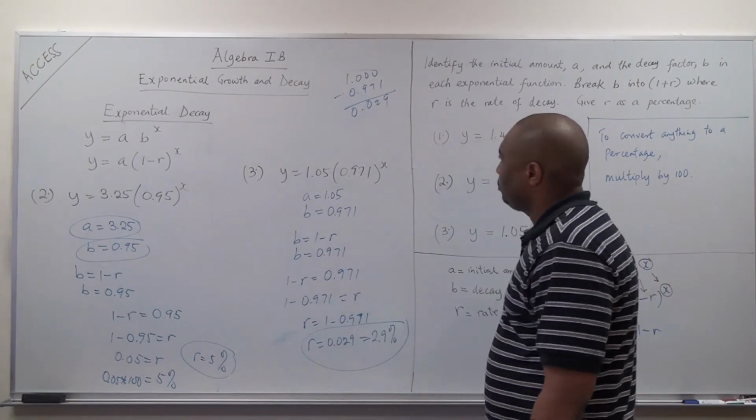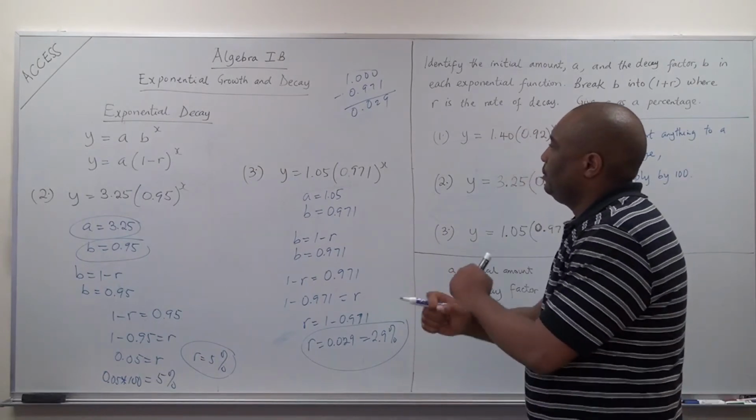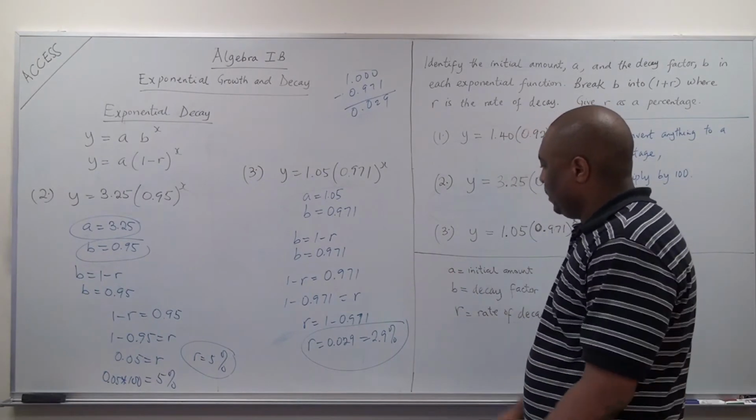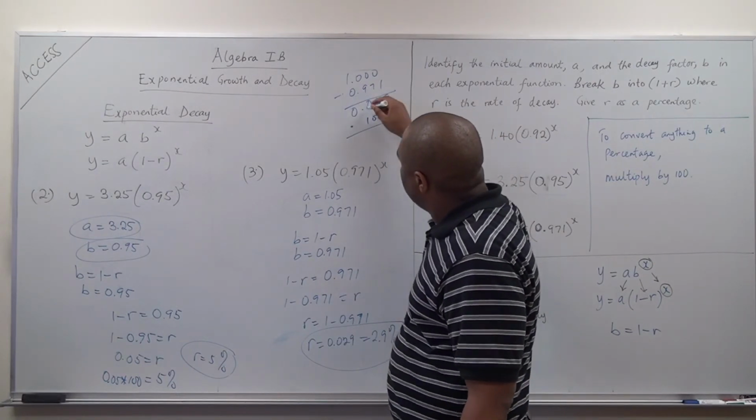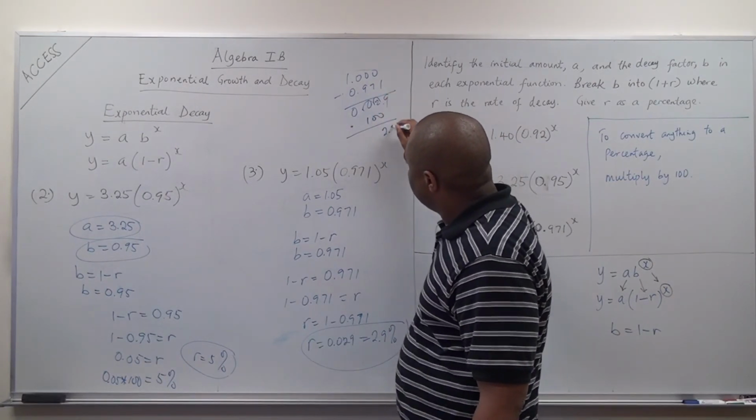Yeah, 0.029. R is 0.029, and when you multiply this by 100, you get 2.9%.